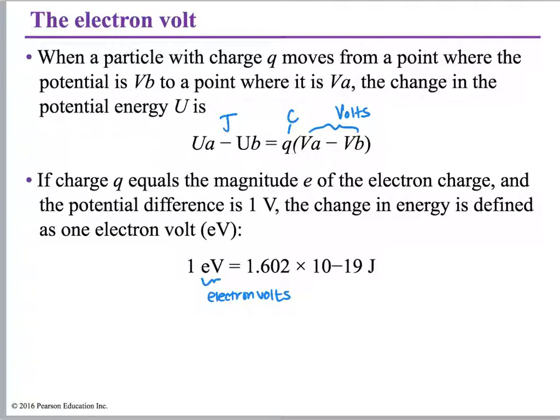For the conversion factor, we use the fact that 1 electron volt is 1.6 times 10 to the minus 19 joules, which should look familiar, because 1.6 times 10 to the minus 19 coulombs is the charge on an electron.